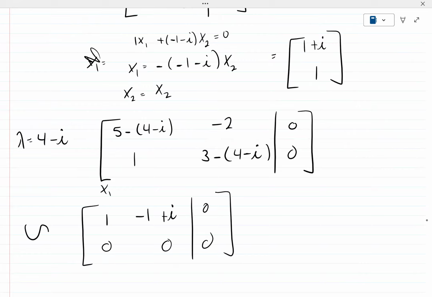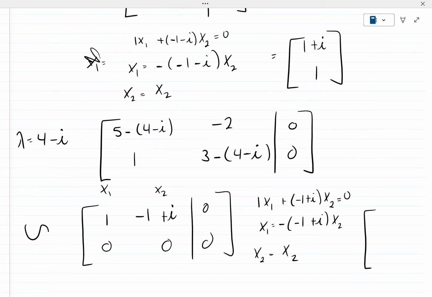And then this is x1, x2. So this is 1 x1 plus (negative 1 plus i) x2 equals 0. When you solve for x1, you get negative (negative 1 plus i) x2, and x2 is x2, and you get the vector (1 minus i, 1).